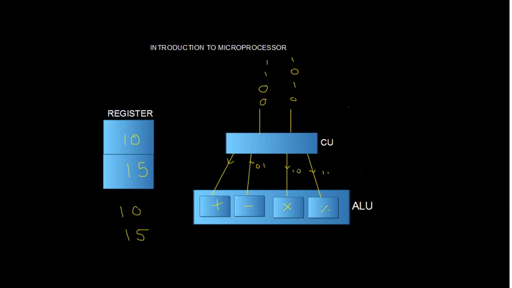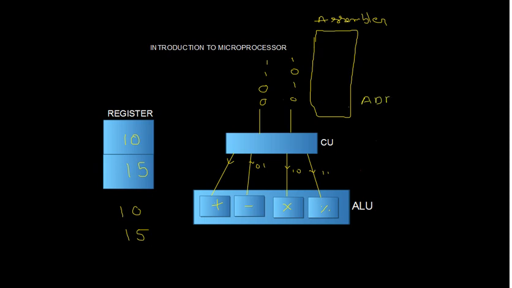Similarly, here there is the assembler. Assembler is software, just like a phone book. So in the assembler, for 00, you will save it as add.